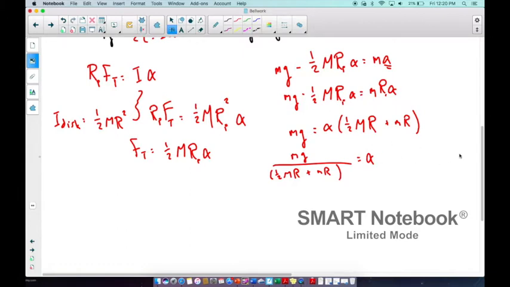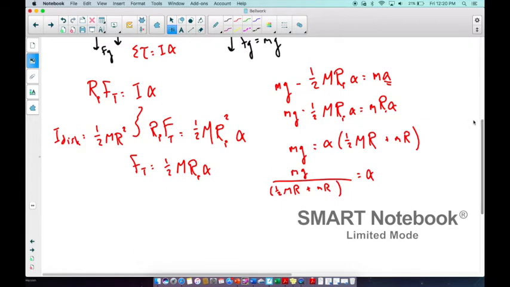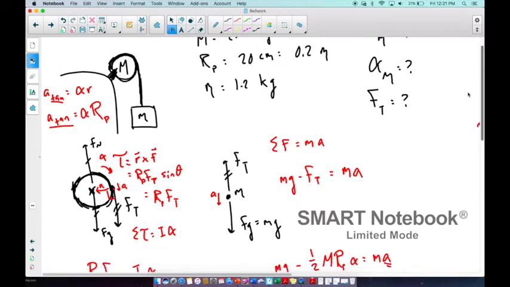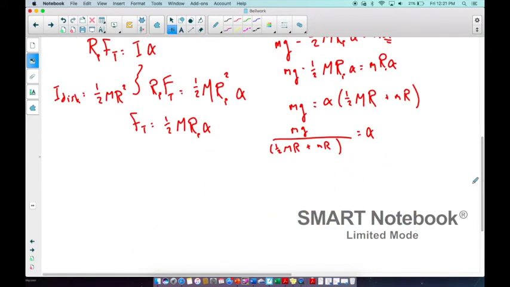And now I can solve for alpha by just plugging the numbers in. Once I solve for alpha, of course I can solve for the acceleration, and I can solve for the tension force as well, which is everything that the question asked me for. So let's go ahead and plug and chug our numbers in. The little mass was 1.2, the big mass was 2.5, and R was 0.2.